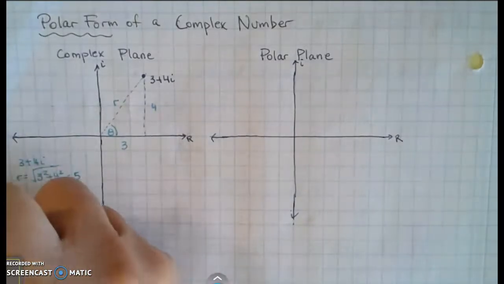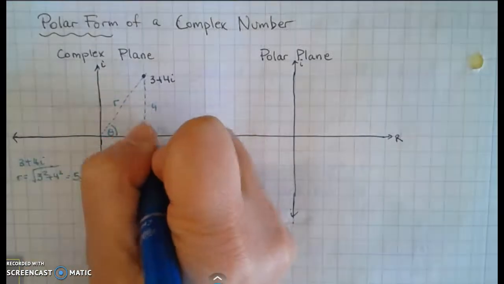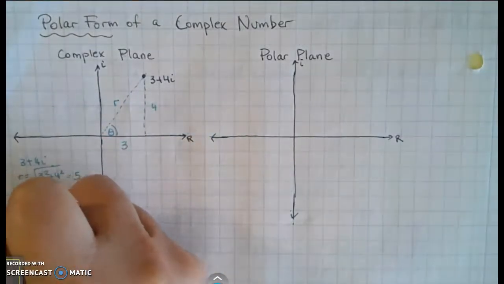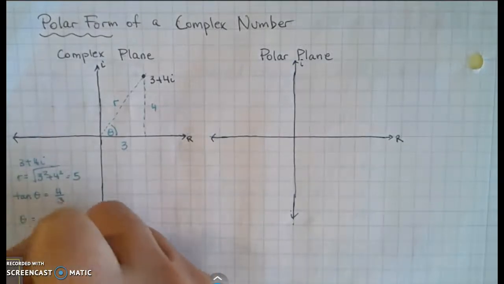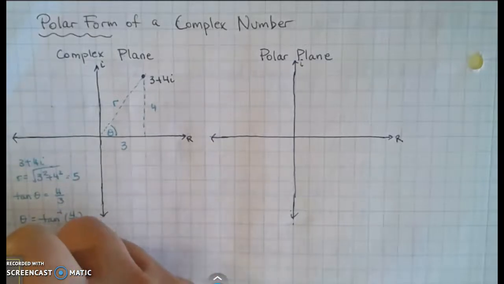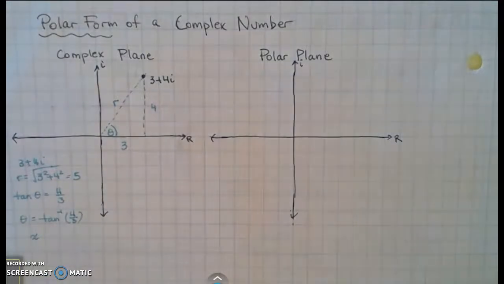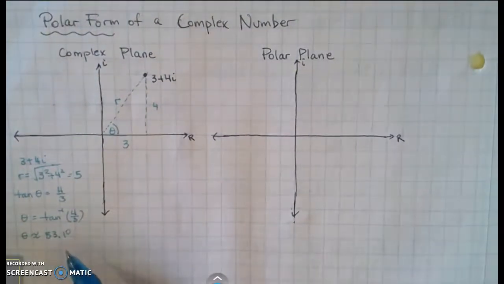And what about theta? Well, I know that tangent of theta is opposite over adjacent. So tangent of theta is 4 over 3, or theta is inverse tangent of 4 over 3, which is approximately 53.1 degrees if you use a calculator.